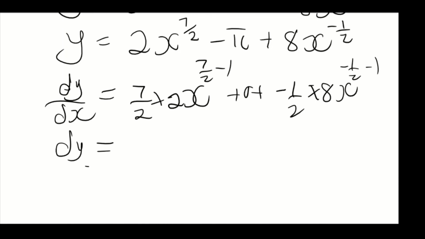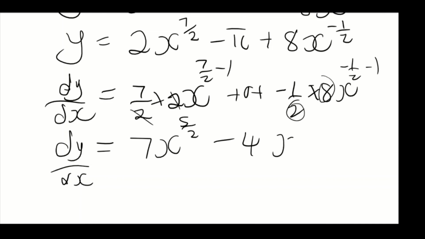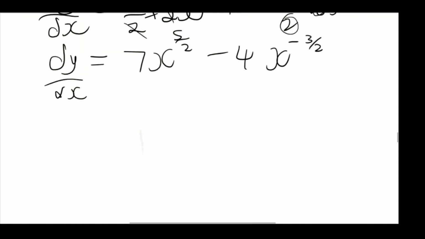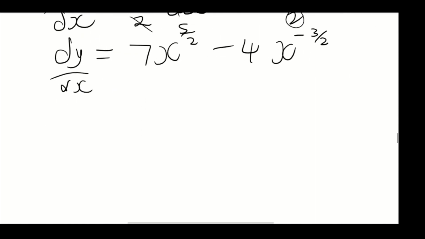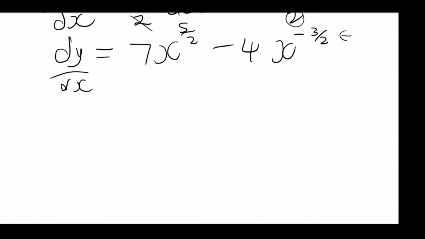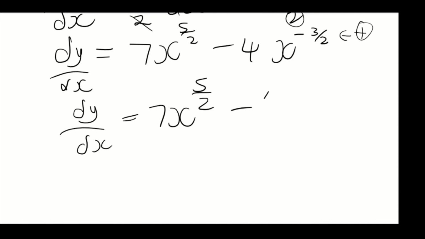Therefore dy over dx, this 2 goes away with 7x to the power of 5 over 2 minus 8 divided by 2 is going to be minus 4x to the power of minus 3 over 2. Then this is our answer, but we can write this exponent in positive form. So dy over dx is equal to 7x to the power of 5 over 2 minus 4 over x to the power of 3 over 2.